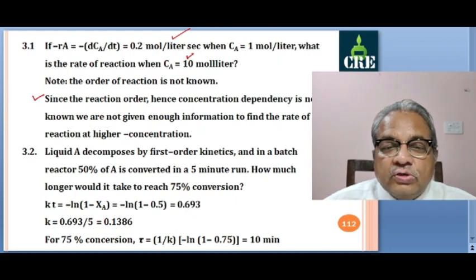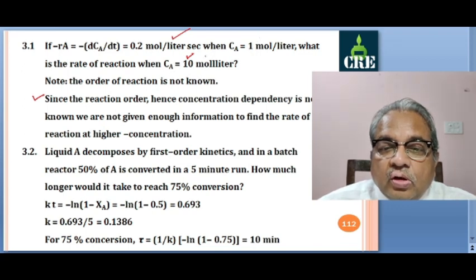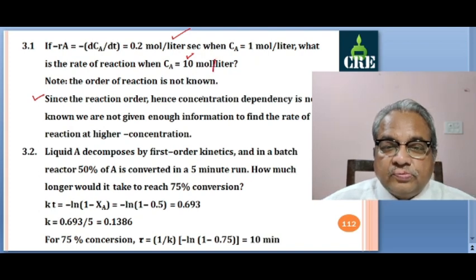So when you don't know the concentration dependency, that means you don't know the order of the reaction. That means you don't know the rate law, and in absence of rate law, you cannot really say anything about what exactly will happen to the rate if Ca goes from 1 mole per liter to 10 times that.